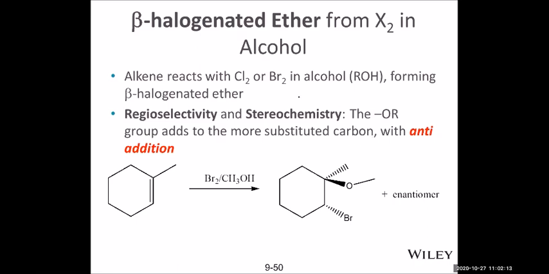But if the reaction happens with halogen in ethanol, in an alcohol, the reaction mechanism is very similar. The difference is that in the last step the nucleophile will be the alcohol. Since the alcohol instead of water is the nucleophile, your final product will be an ether. This is a very interesting reaction.